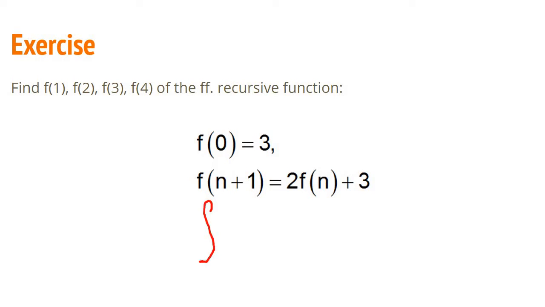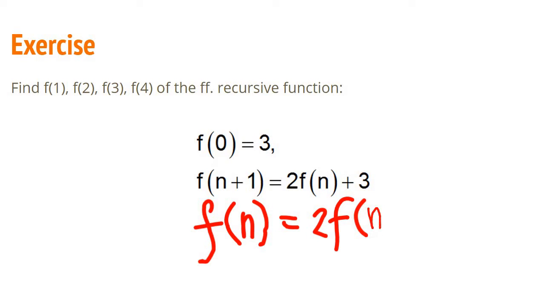So this is the current term, f of n, and we could say that is twice the previous plus 3. So whichever the case, they're both valid as a recursive step.